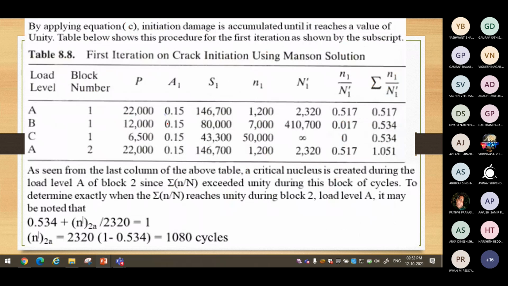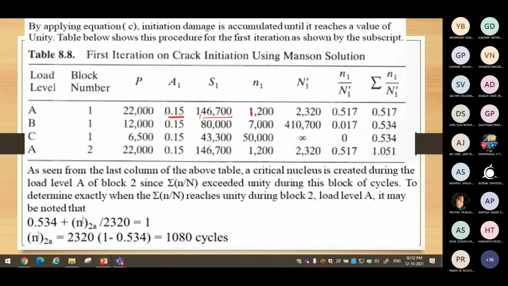So now from the same table, because of our previous iterations, we know that area 0.15 would give us an approximate total damage of 0.85. That is what we have understood. So with 0.15, the first stress is 146,700 psi, and I am going to apply it for 1,200 cycles.